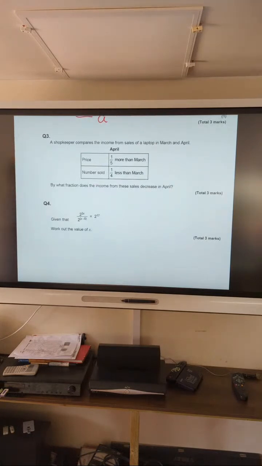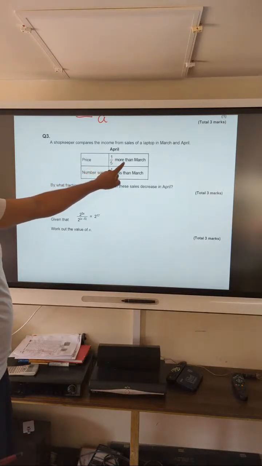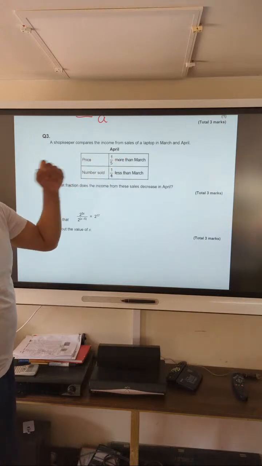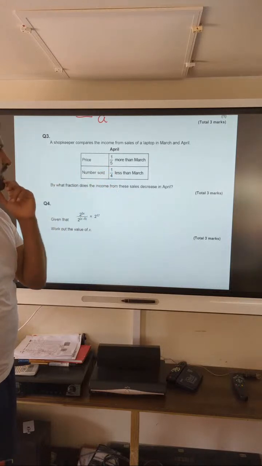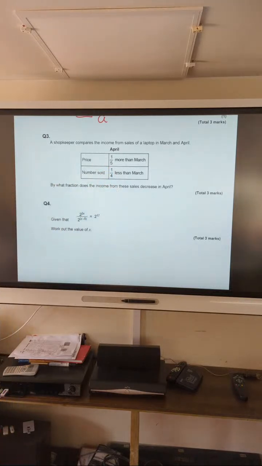Question 3. A shopkeeper compares the income from the sales of a laptop in March and April. By what fraction does the income from these sales decrease in April? The price is 1/5 more than in March, and the number sold is 1/4 less than in March.